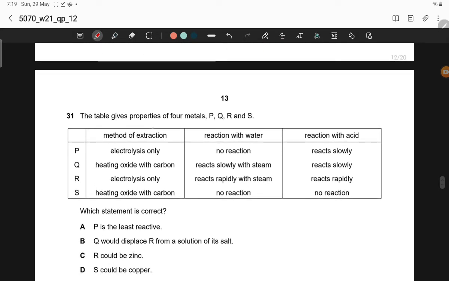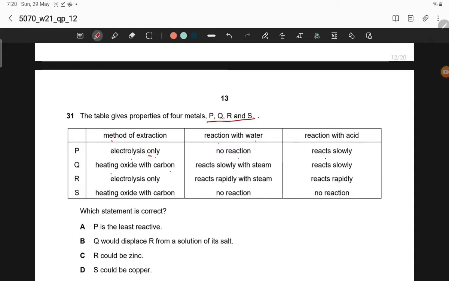The table gives properties of 4 metals P, Q, R and S: reaction with water, reaction with acids, and method of extraction. Electrolysis only, no reaction with water, reacts slowly.